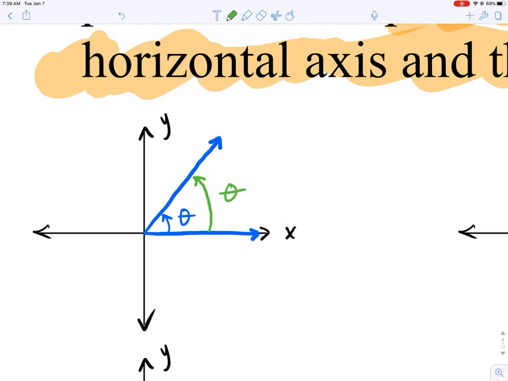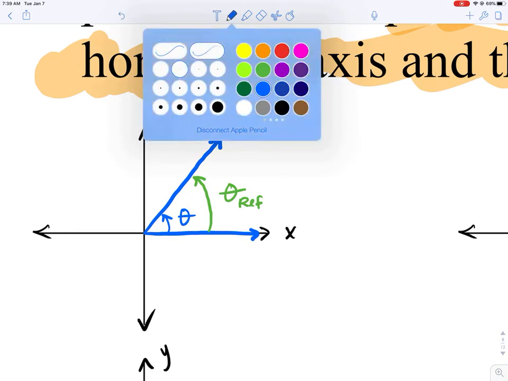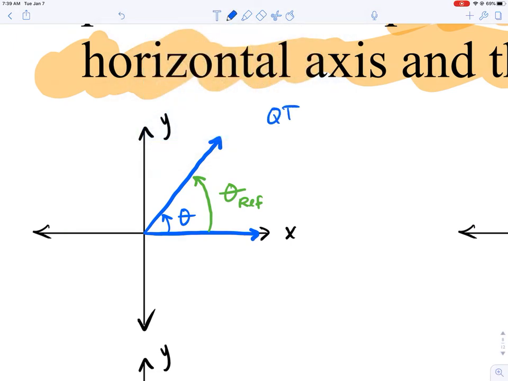So guess what? In quadrant 1, our reference angle is the same as our actual angle.